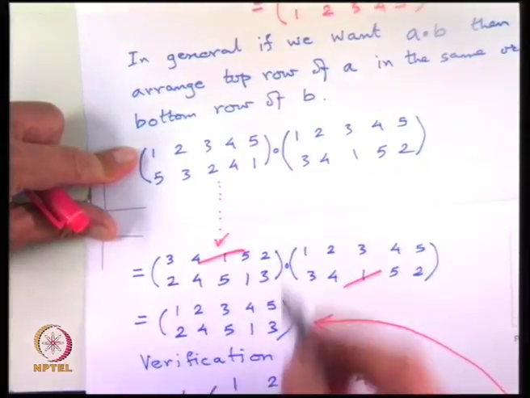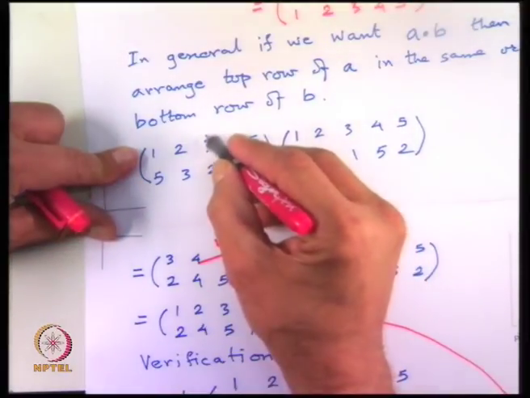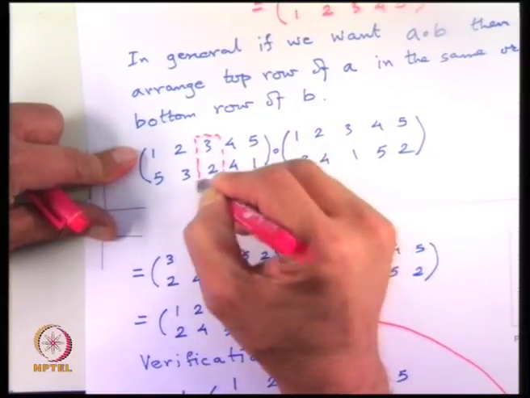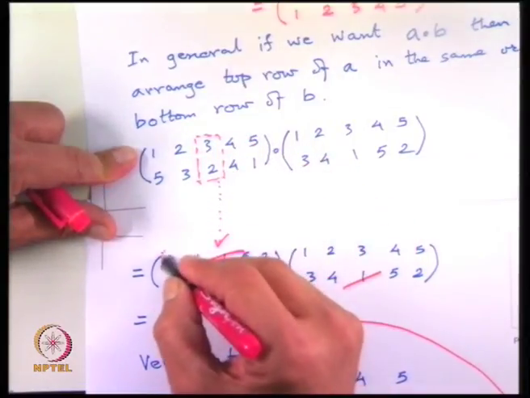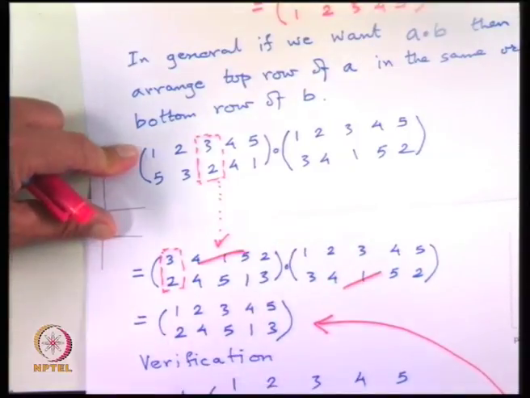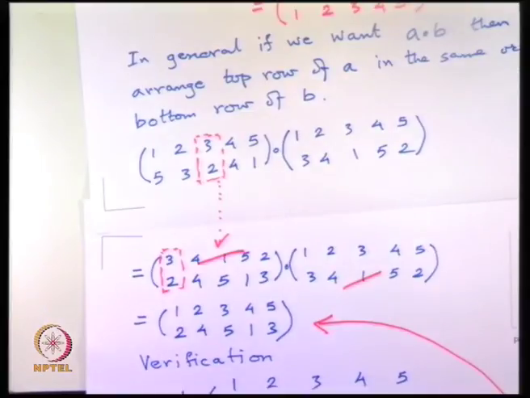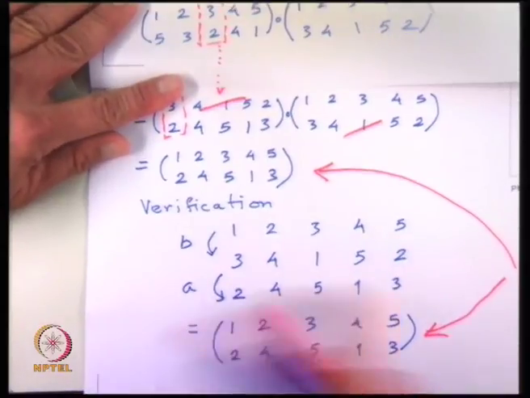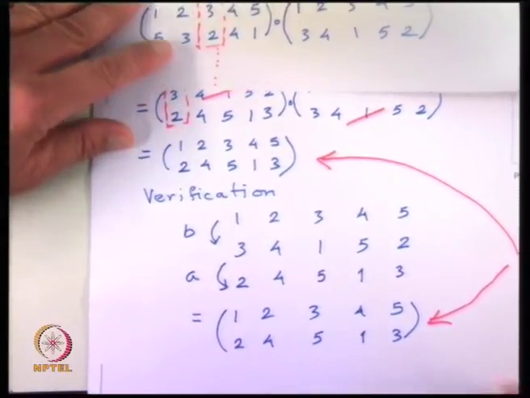Going from here to here, the 3, 2 went into 3, 2. So you have to move blockwise, each column blockwise. Then you will be doing what you would have done logically by writing out everything in detail. So you will reproduce that answer.